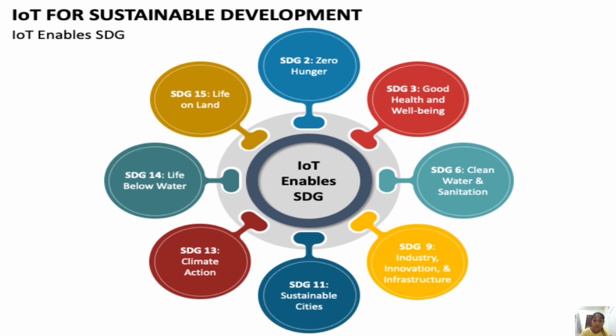Then we have zero hunger. This is about agriculture, providing farmers with real-time data on soil moisture, crop yield, crop health, weather conditions, everything that is very helpful for farmers, and this increases the crop and ensures food security by enhancing agricultural productivity.